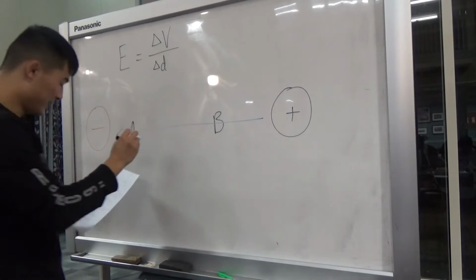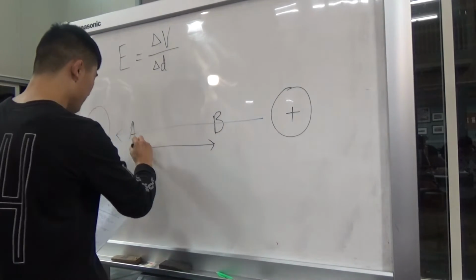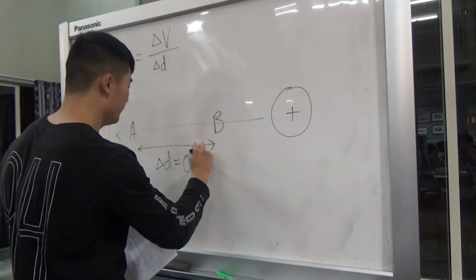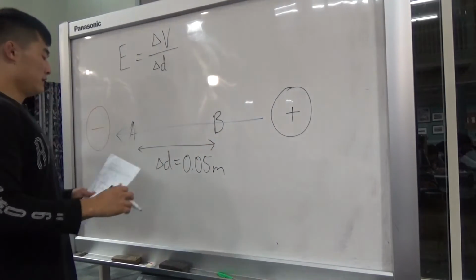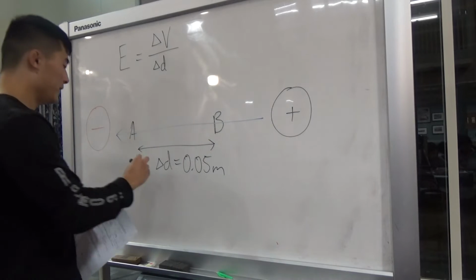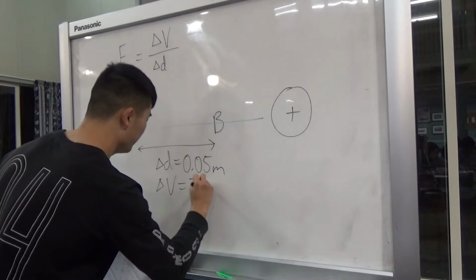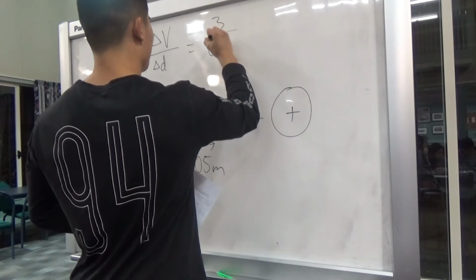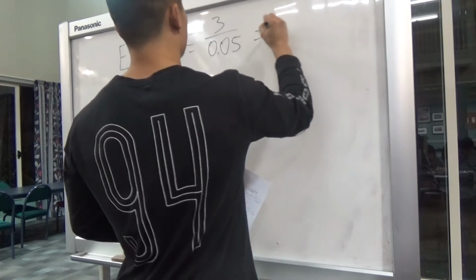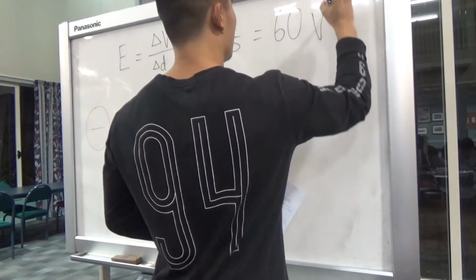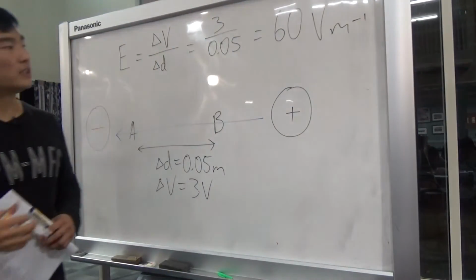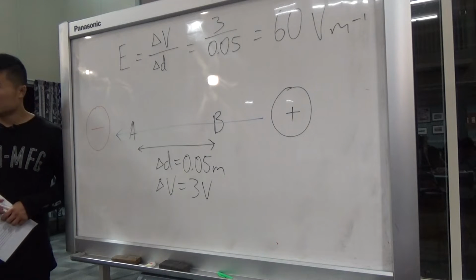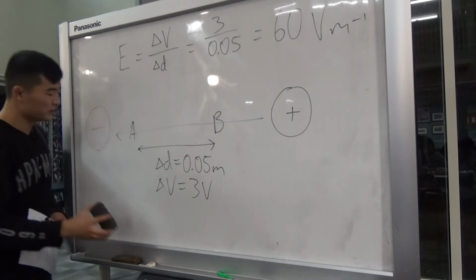In our example here, it's 5 centimeters, so Δd is equal to 0.05 meters, and we know that ΔV is equal to 3 volts. So that's going to be 3 divided by 0.05, which is 60 volts per meter. Not too hard once you apply the rules.